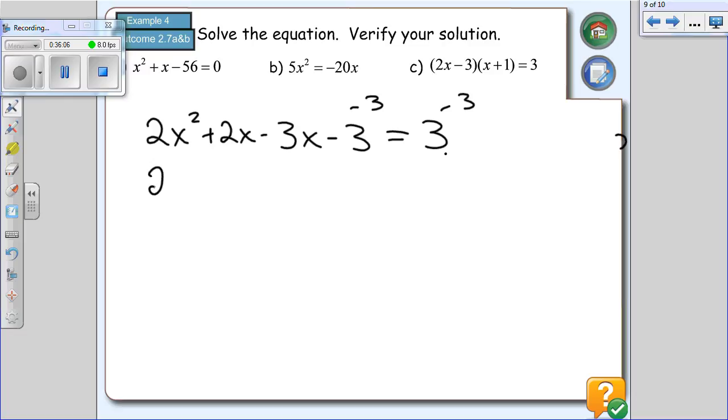If you lost track of what I did there, 2x minus 3x is minus x. Negative 3 minus 3 is negative 6. I subtracted from both sides because I had a positive 3 on the right side. And the only way to get rid of a positive 3 is to subtract 3 from it. So I've moved that 3 to the other side.